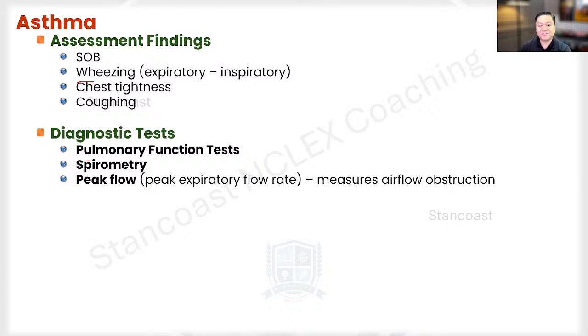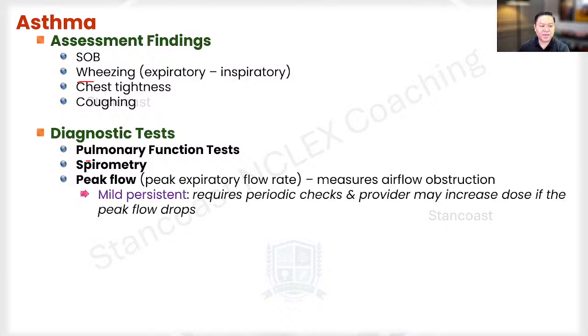They should have that device at home in order to monitor their lung function. In the case of mild persistent asthma, periodic checks are sufficient, and the person will probably need an increase in the dose of the steroid if the peak flow drops, okay?